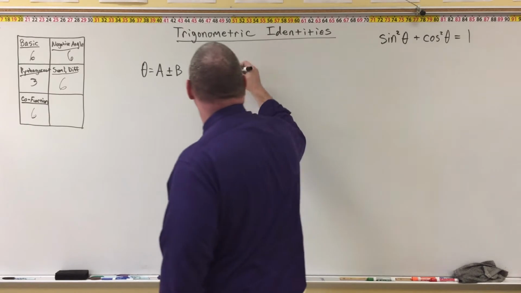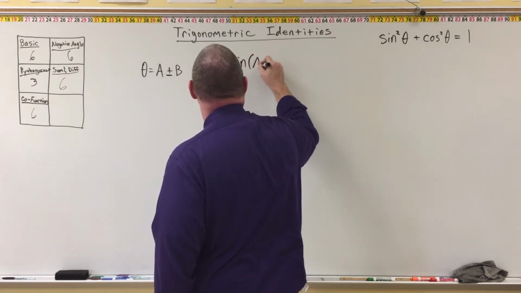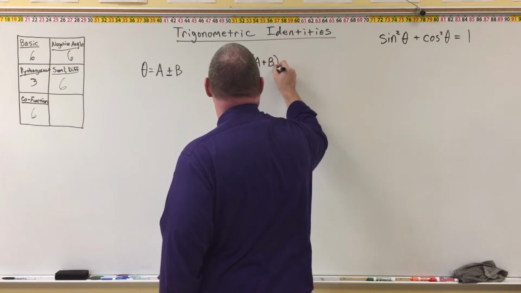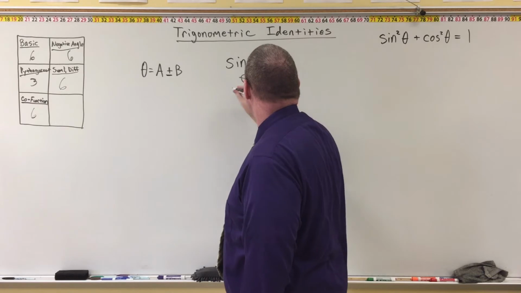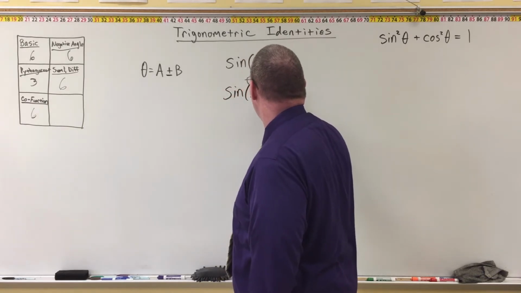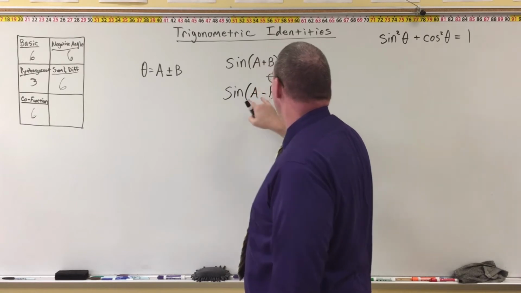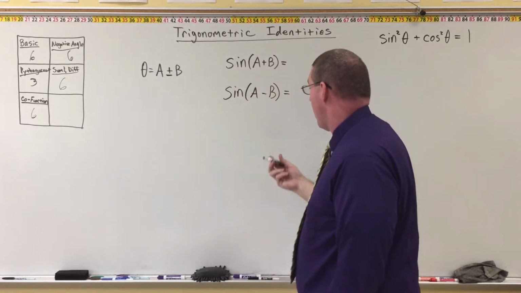So our 6 identities are going to be, the first one is the identity of sine of A plus B, so a sum that makes up an angle. And then we're going to do sine of A minus B. So first we'll do the sum of an angle for sine, then a difference in an angle for sine.